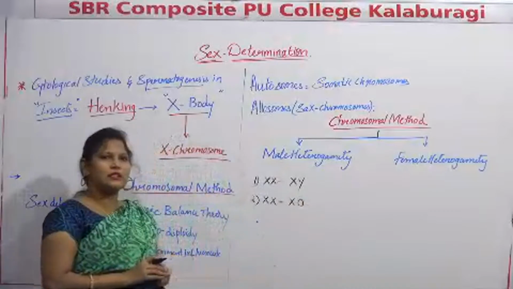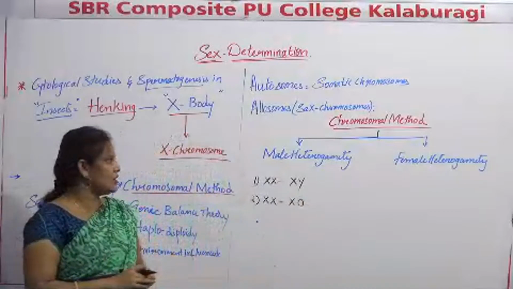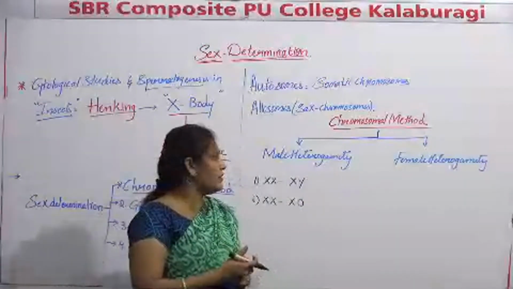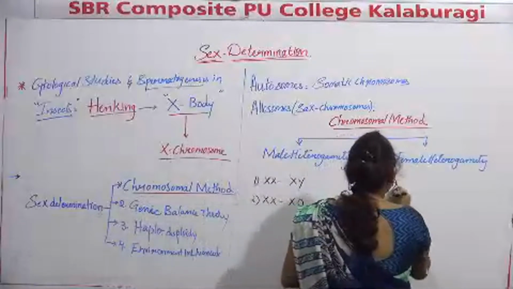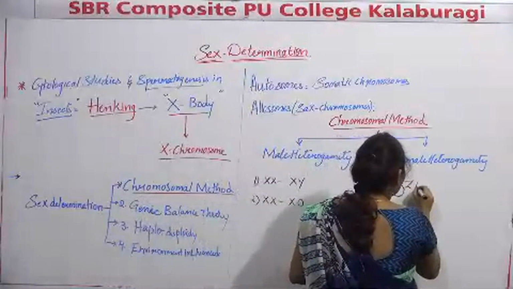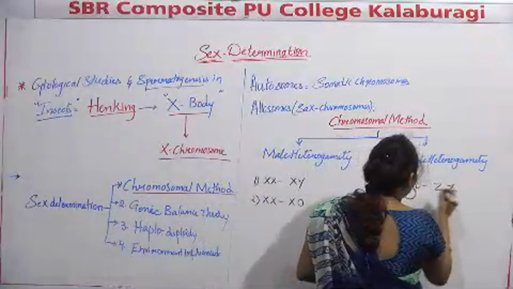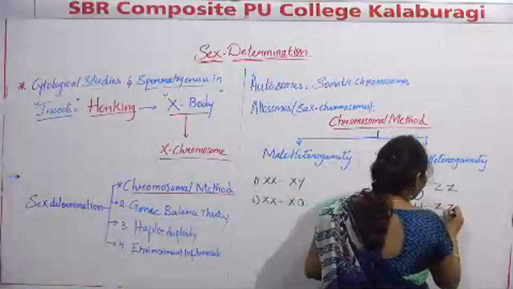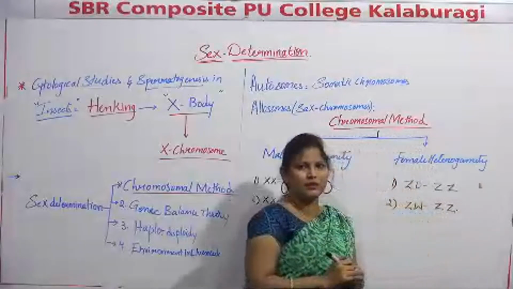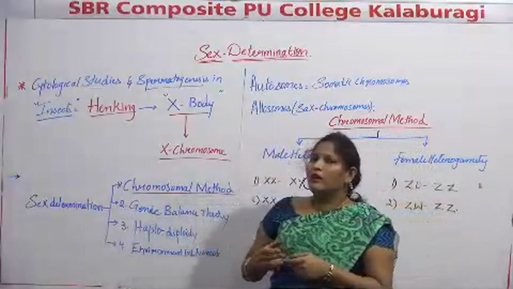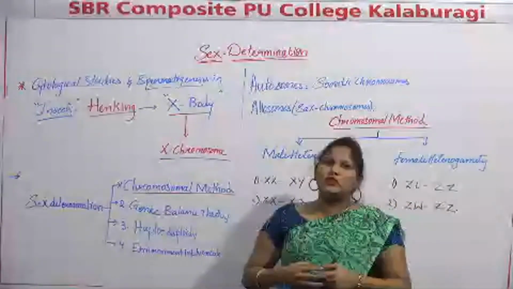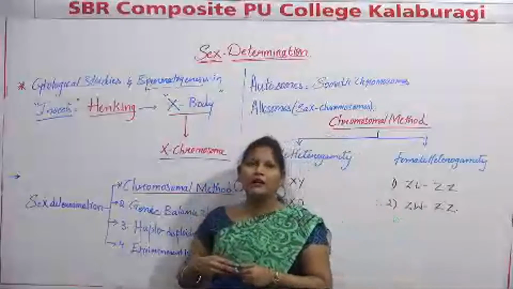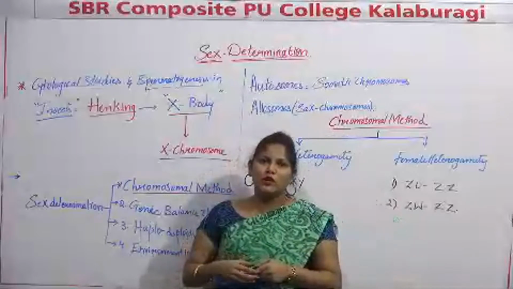That is male heterogamety. And the female heterogamety methods are the ZO-ZZ and ZW-ZZ methods.